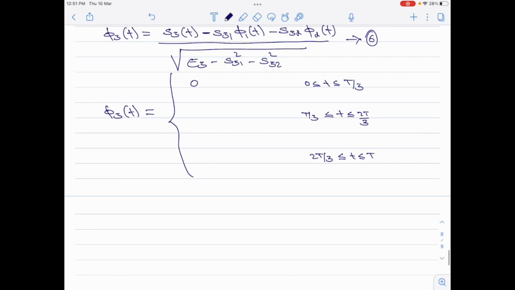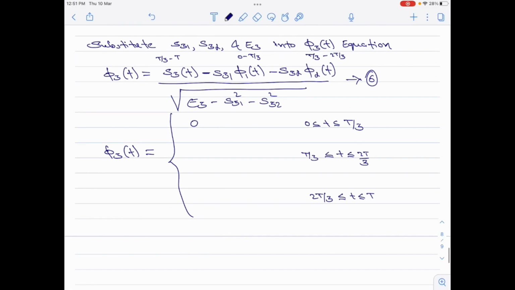Let us now move on to the second interval t by 3 to 2t by 3. Once again going back to the numerator, S3 of t is defined over this interval and is equal to 1. The second component of the numerator will reduce to 0 because phi 1 of t is only defined between 0 to t by 3, and currently we have a value of t greater than t by 3.